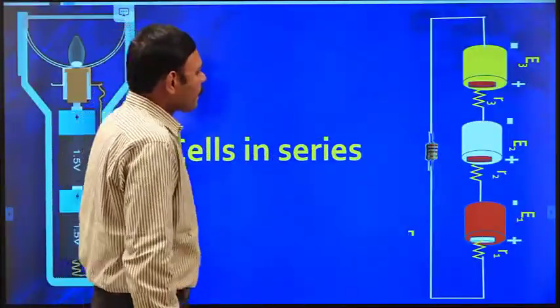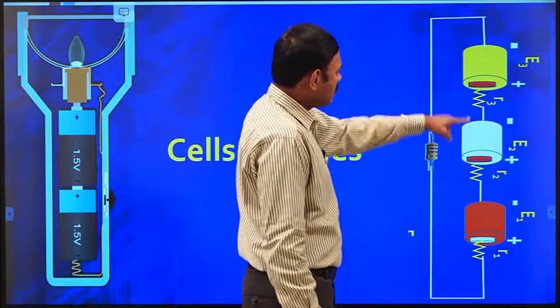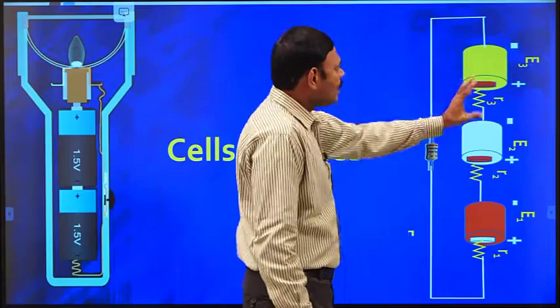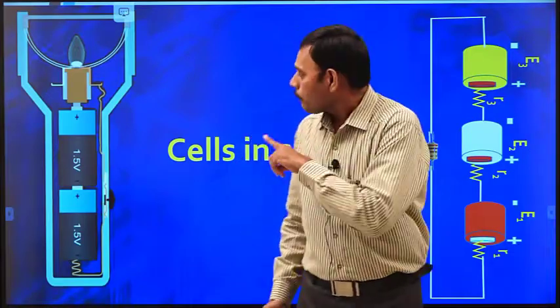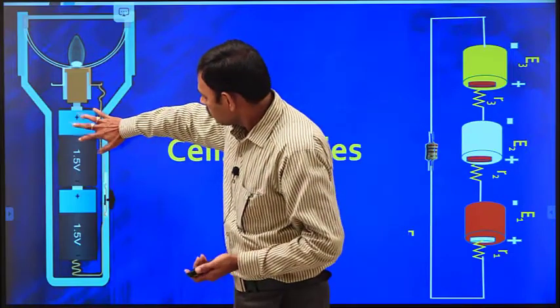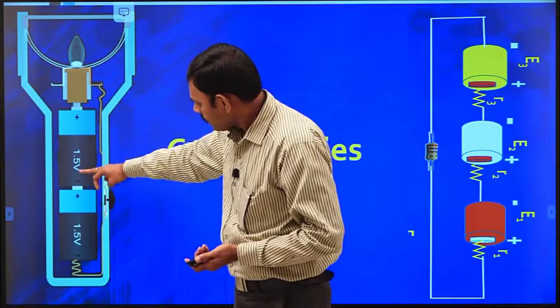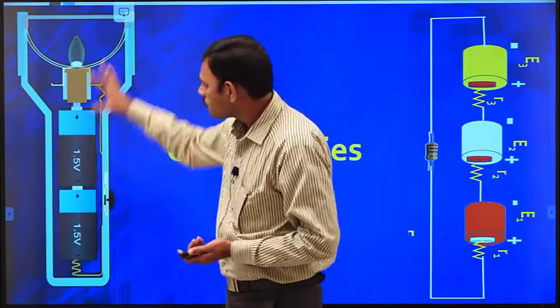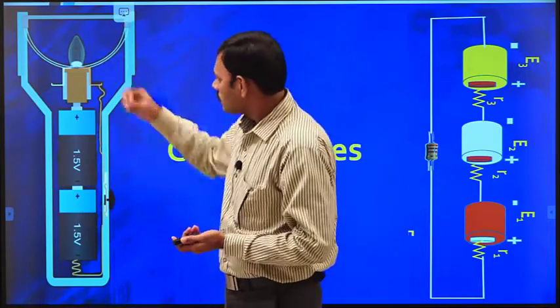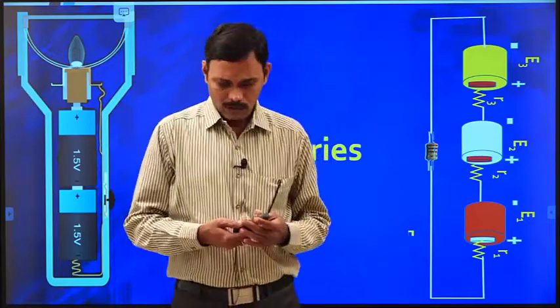Here, this is the image in which you are observing the series combination of cells. We frequently apply the series combination of cells in a torchlight. In this image, you are observing a torchlight in which two 1.5 volt batteries are connected in series. That gives the required energy of 3 volts, so that we can use them in the torchlight.